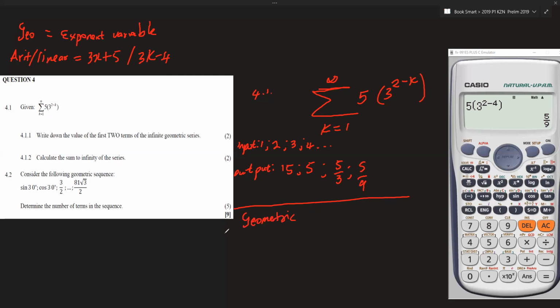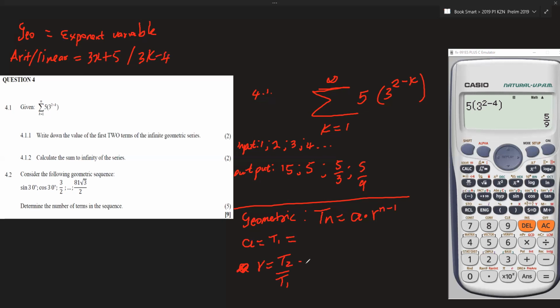Remember, a geometric number pattern is defined by Tn equals a multiplied by r to the power n minus 1. To get a, you just get T1, and r is always T2 divided by T1.